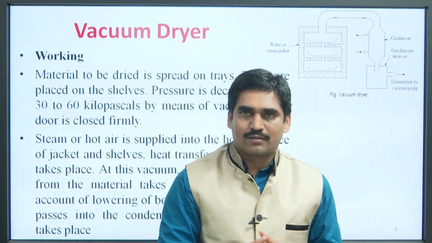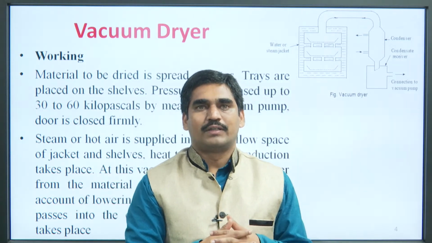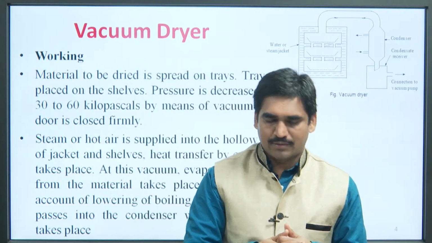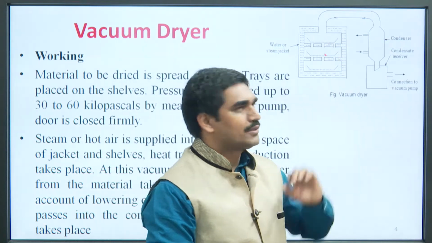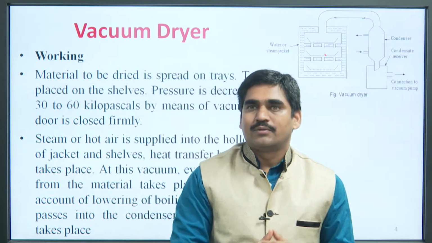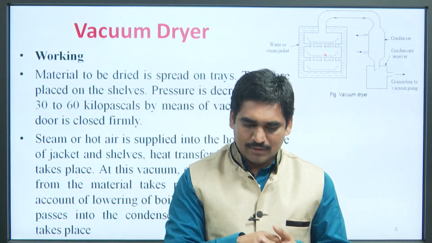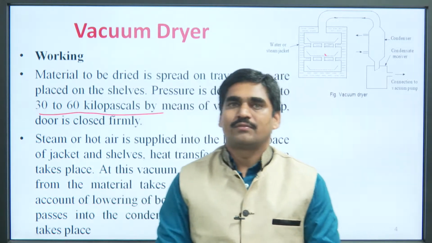Now, moving on to the working of the vacuum dryer. At first, the material which is to be dried is kept on the trays, and the trays are placed in the vacuum dryer. Now the door is closed firmly, and pressure is reduced to 30 to 60 kilopascals by means of the vacuum pump.